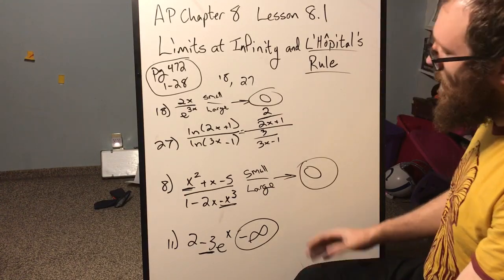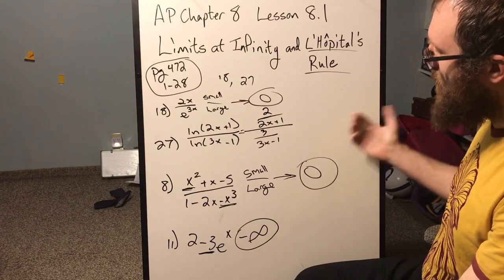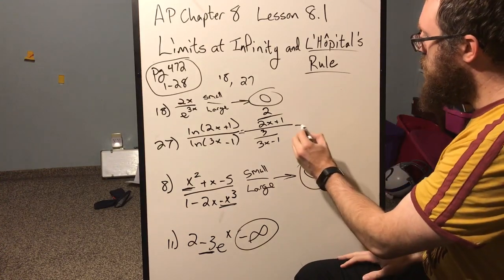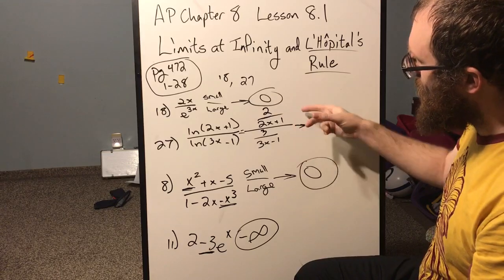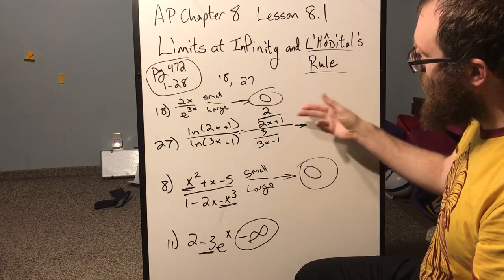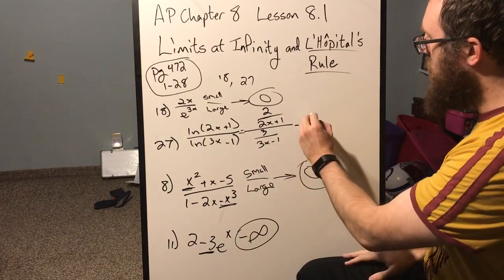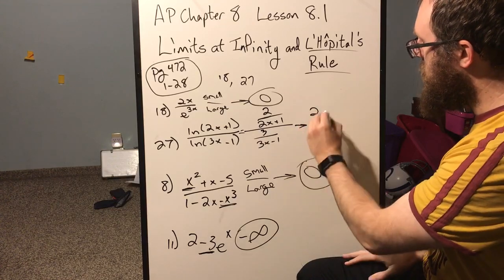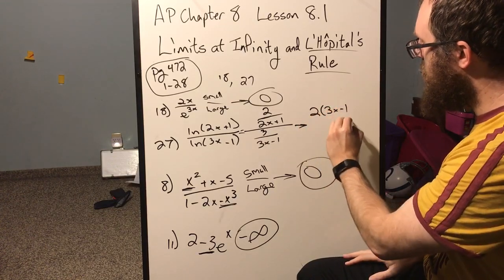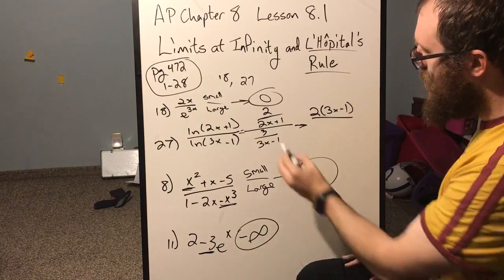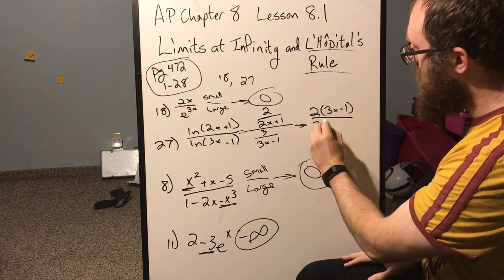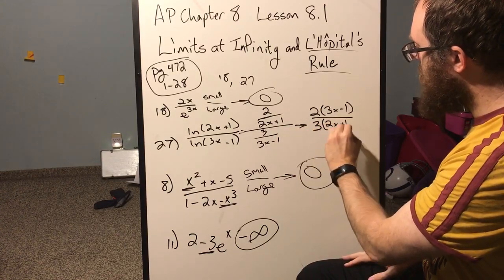Okay. Then what happens is these both get flipped and multiplied together. So we're gonna flip the bottom one and multiply. So I end up with 2 times this, 3x minus 1, over 3 times this, 2x plus 1.